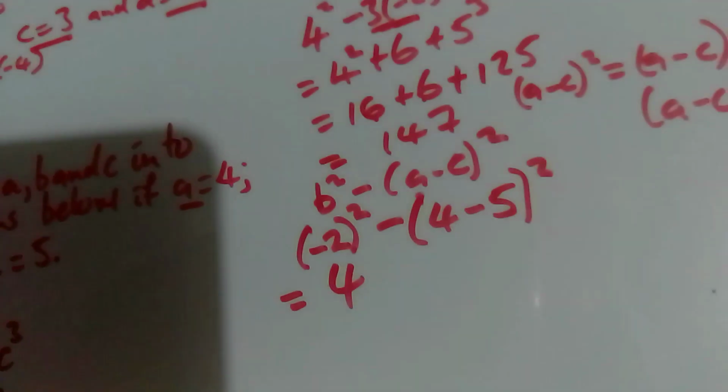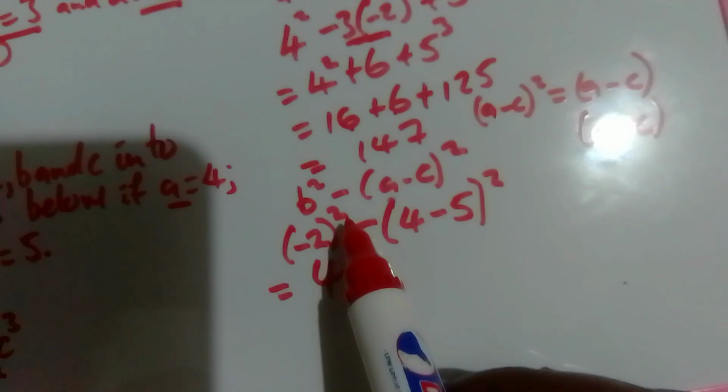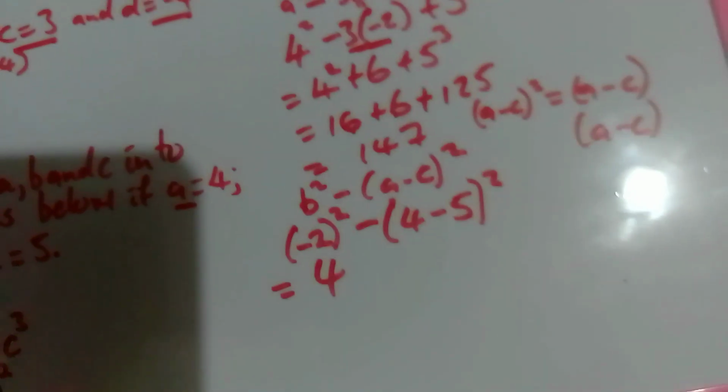But which mistake am I warning you about? Somebody will write this -2 and the squared without the brackets. So let's go to the calculator and see what happens if somebody makes that mistake. -2 squared, you see? When you do this, you get a -4. Why is it that you get a -4?